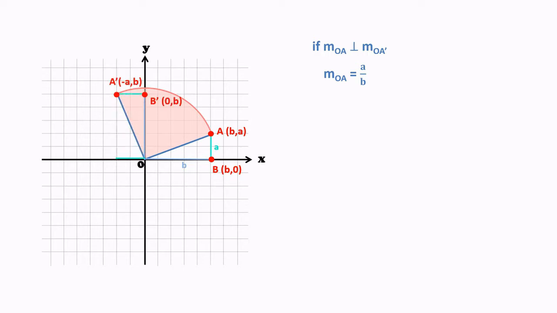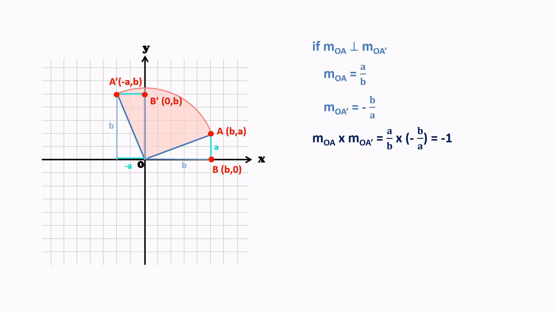The slope of the hypotenuse of triangle A'OB' is b over negative a. Hereby, the product of the slopes of OA and OA' is a over b multiplied by b over negative a, and that equals negative 1.